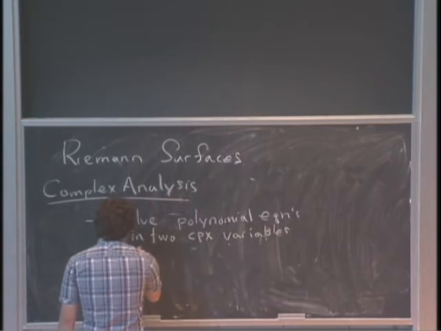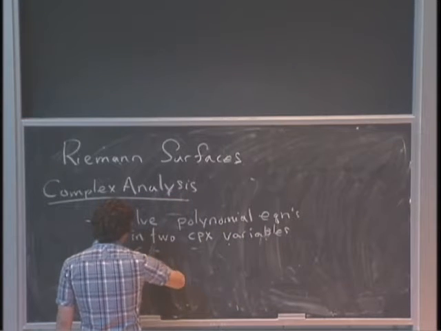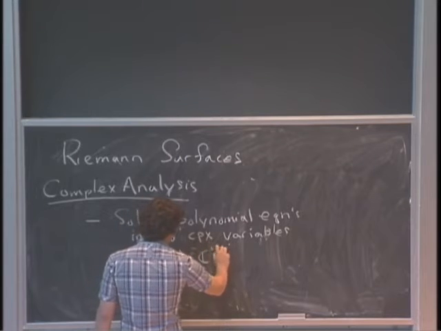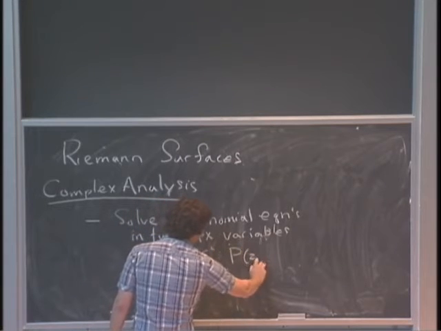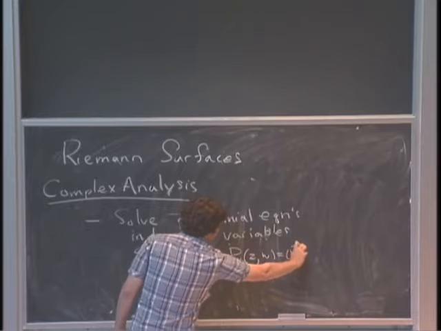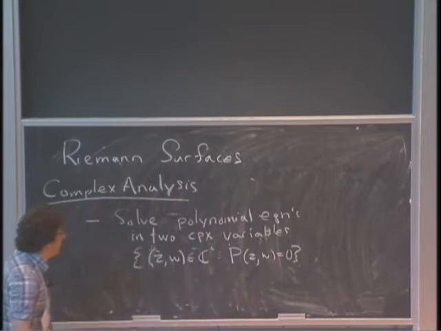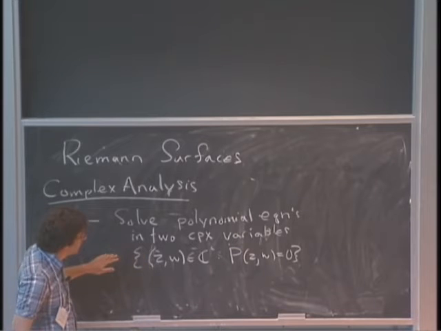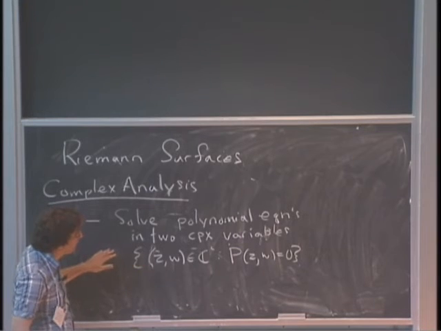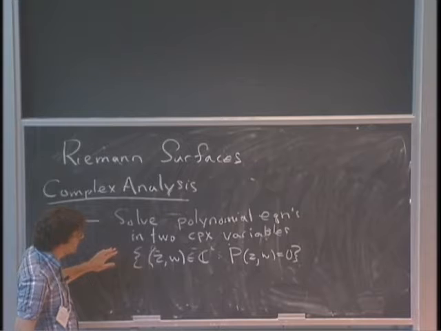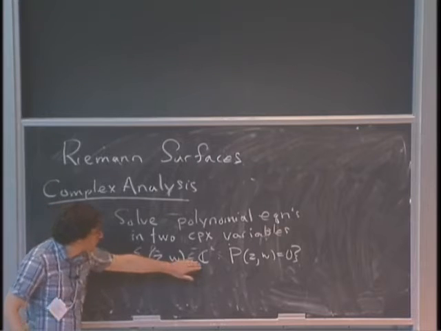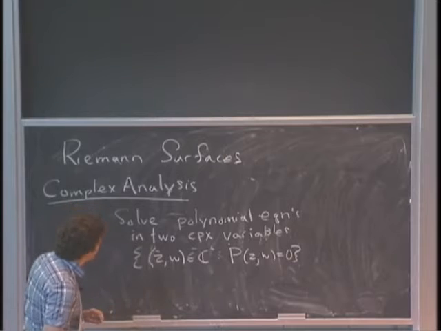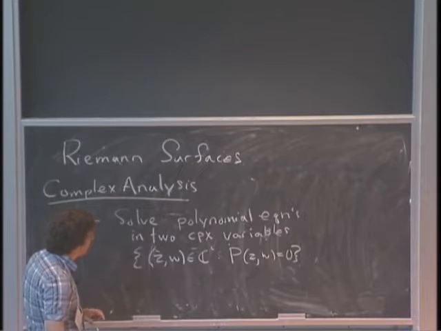Right, so we want to look at, say, the zero set, say Z, W in C^2, of some polynomial. The idea is that somehow the zero set is supposed to be a complex codimension one object, which, since this is two dimensions, should be one complex dimension, which is essentially a surface. So that's a Riemann surface.